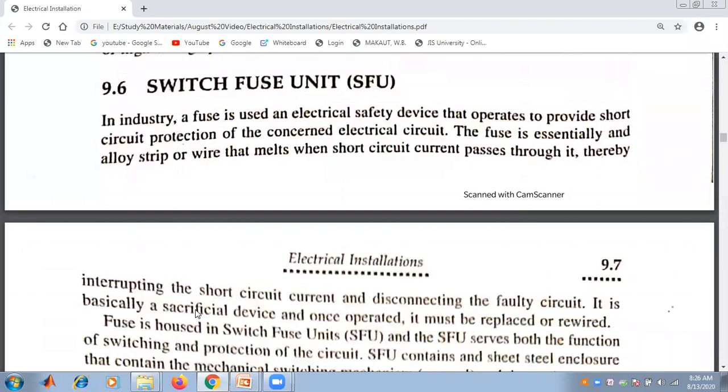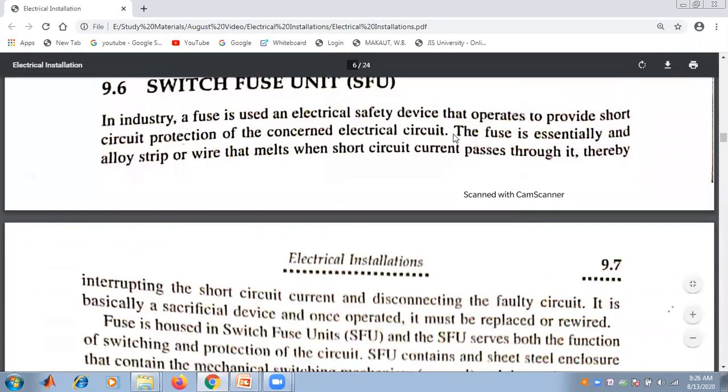So another part of our discussion is the switch fuse unit or SFU. In industry, a fuse is used as an electrical safety device that operates to provide short circuit protection of the concerned electrical circuit.